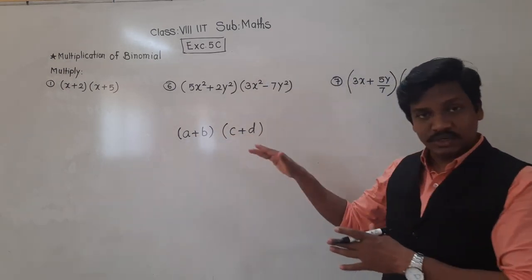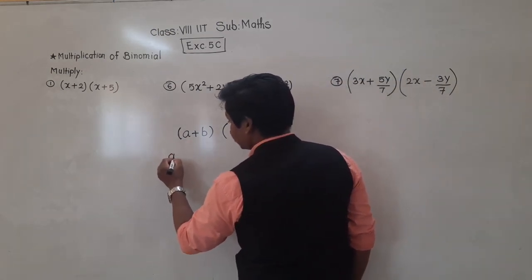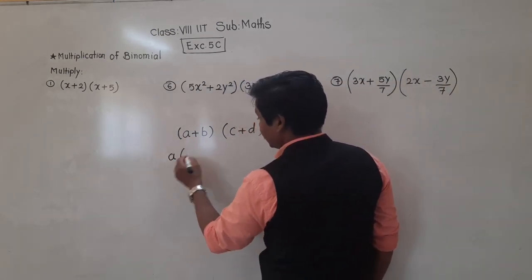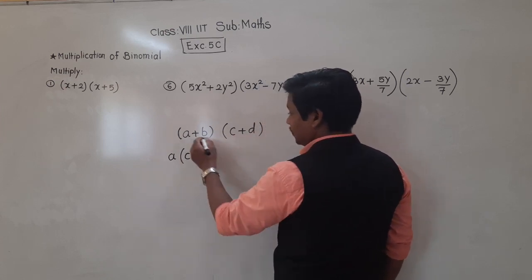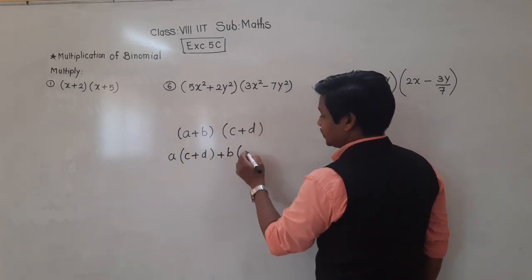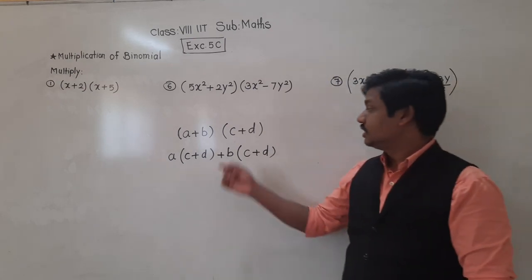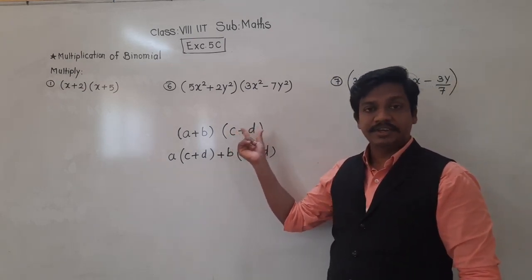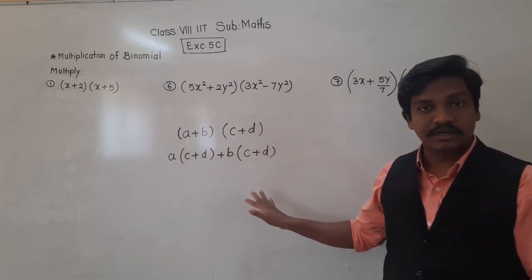First we take a, the first term of the first bracket, multiplied by the second bracket, plus b, the second term, multiplied by the second bracket. Means the second bracket is multiplied by both the terms of the first bracket.